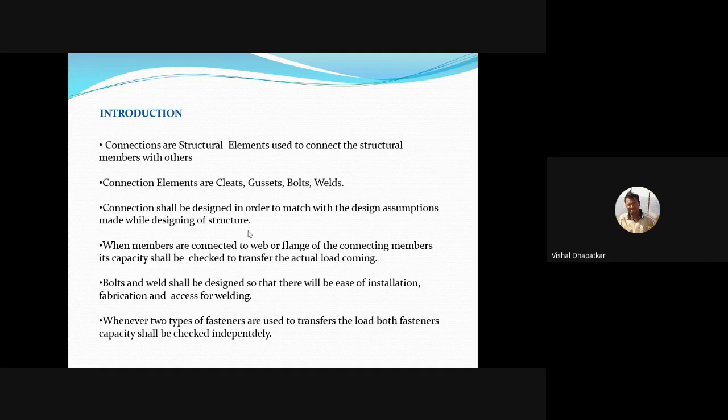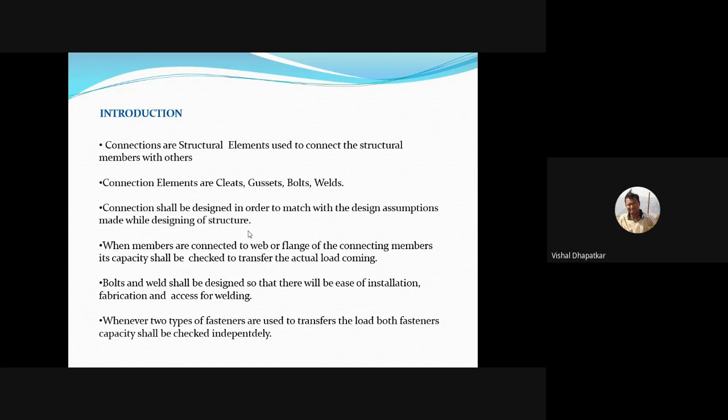If it is a fixed connection, then we have to detail the connection as a fixed connection, so that it will behave as fixed and it will carry some moment. So it is very important that whatever assumptions we made during the design, as per those assumptions, the connection shall be designed or detailed.